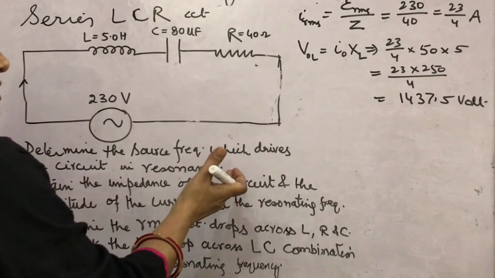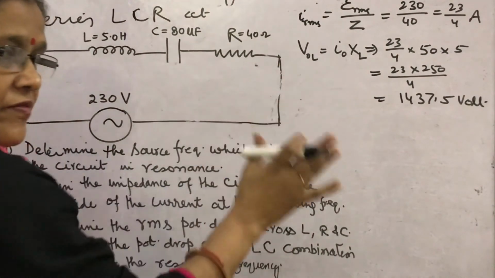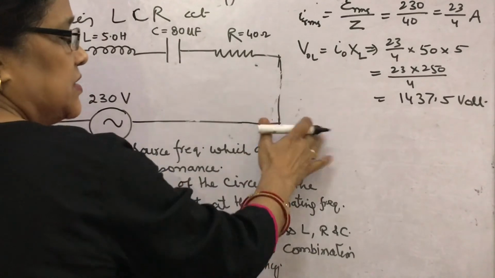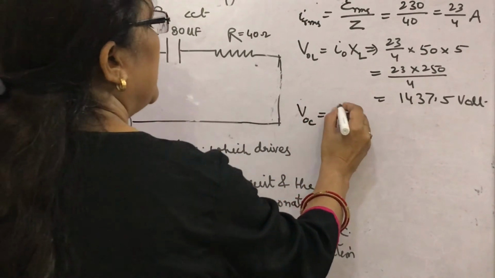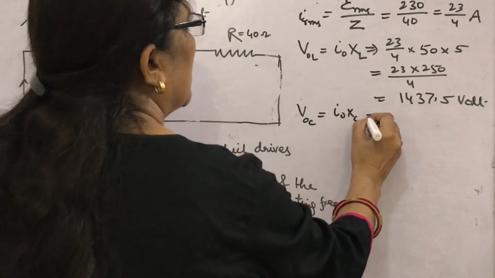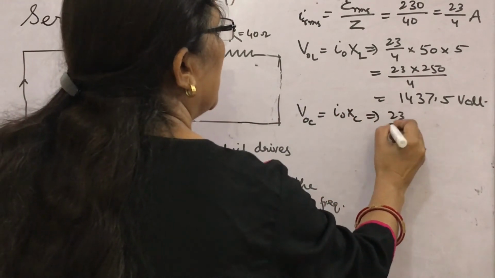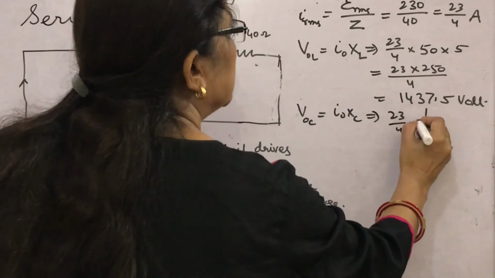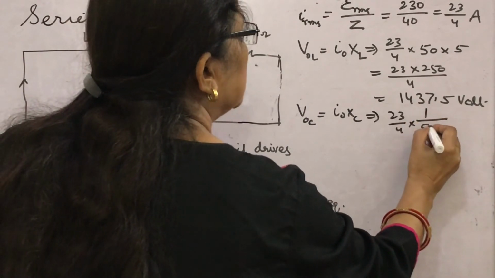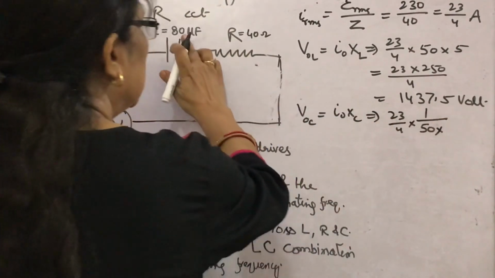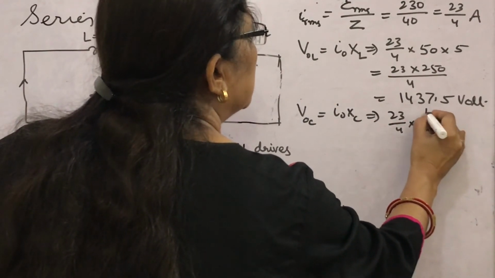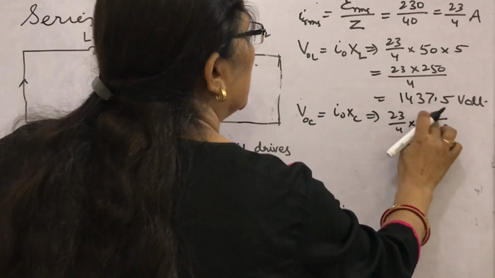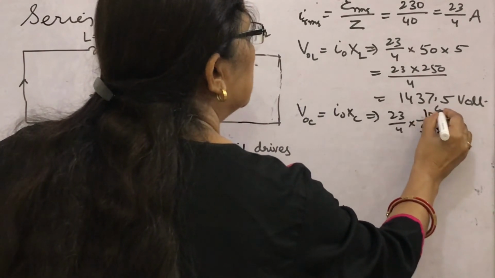At resonance, we have read that V naught L is the same as V naught C. You can calculate it also by finding I naught XC, or you can write 23 by 4 into XC, where XC is 1 upon omega C. Omega is 50, C is 80 microfarad, so you can write this into 10 to the power 6.